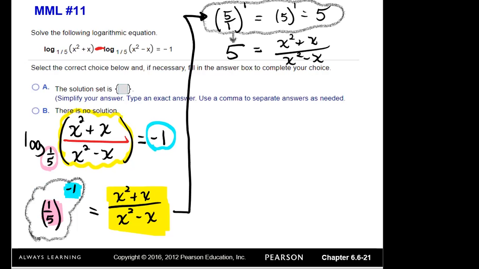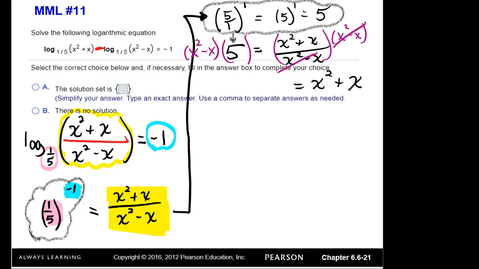I got to clear out the denominator. Oh boy. So I'm going to multiply both sides by the x squared minus x. So that cancels that, leaving you with just the x squared plus x on the right side.